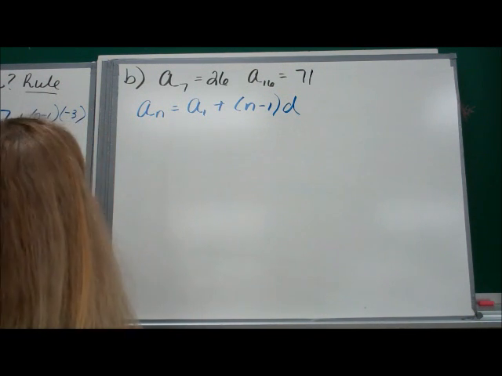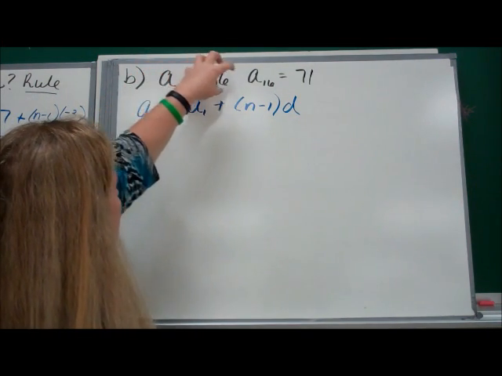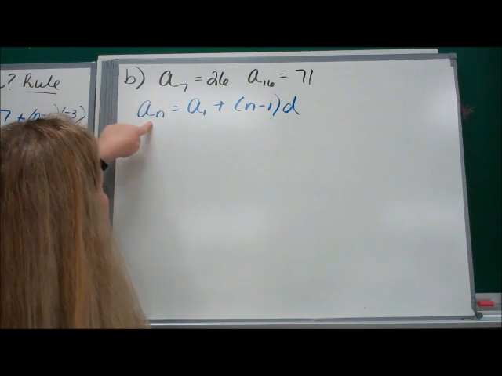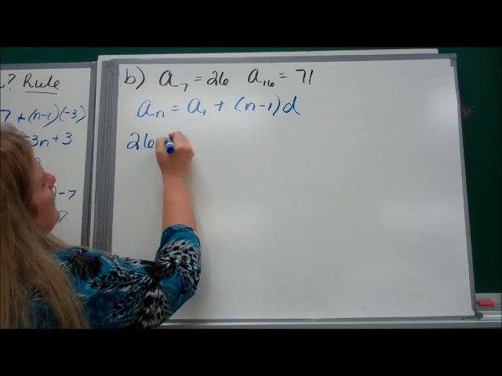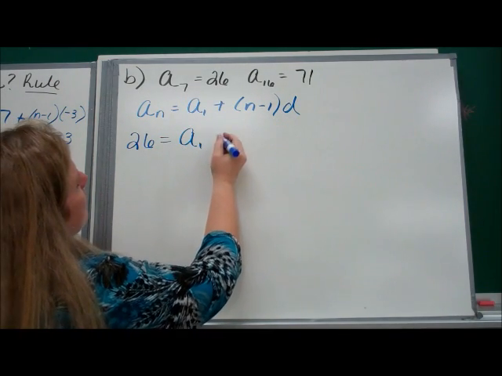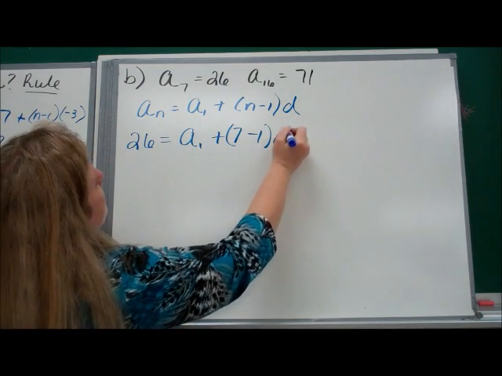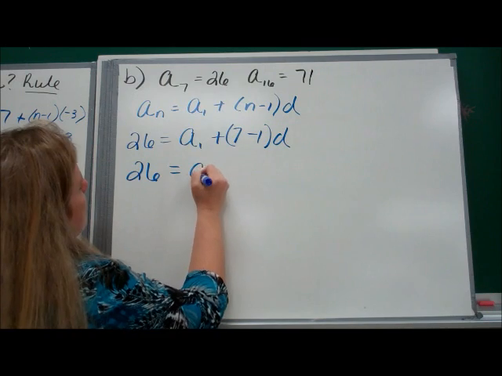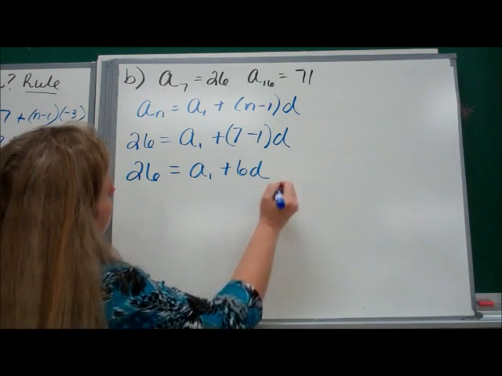Start with the 7th term. n is 7, a sub n is 26. So we've got 26 equals a sub 1 plus 7 minus 1 times d, which simplifies to 26 equals a sub 1 plus 6d.